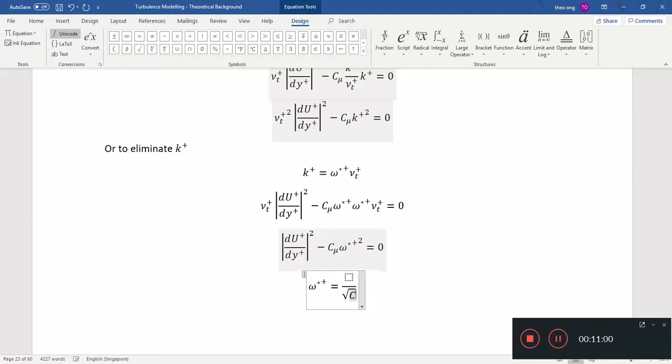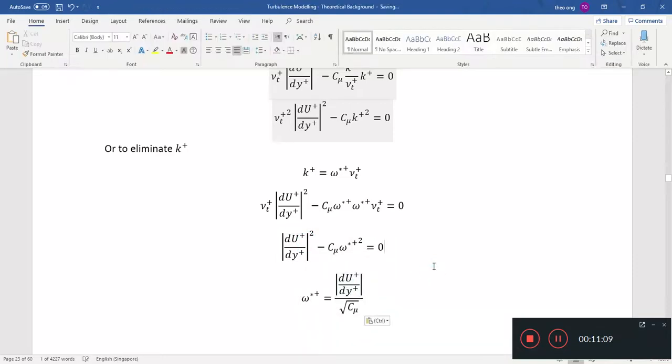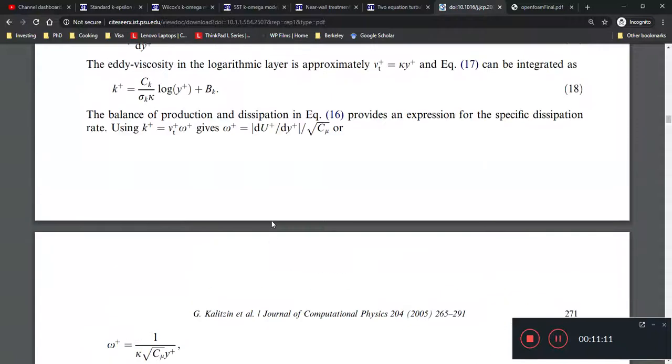So that's how we get that equation on the bottom. Right, so this is how we get this equation. The question, of course, is what is du dy?